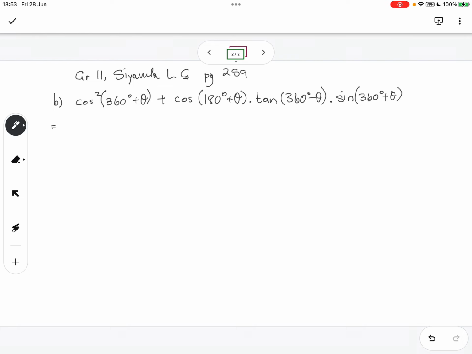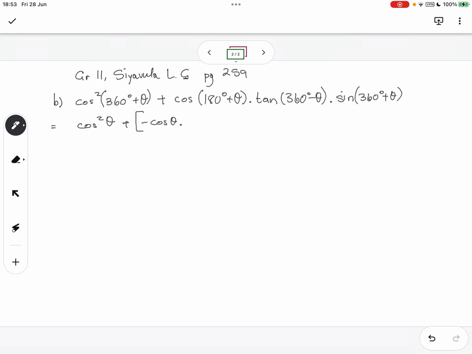So 360 degrees plus, it's first quadrant. When we reduce that angle, this is just cos squared of theta. 180 degrees plus is third quadrant. Cos is negative, so I'll just make a square bracket. So this becomes negative cos theta multiplied by 360 degrees minus theta, which is fourth quadrant.